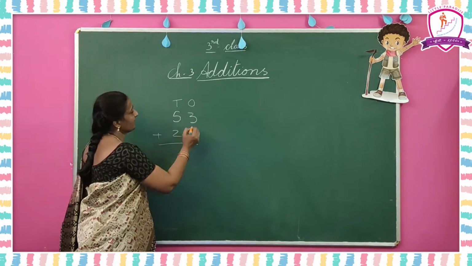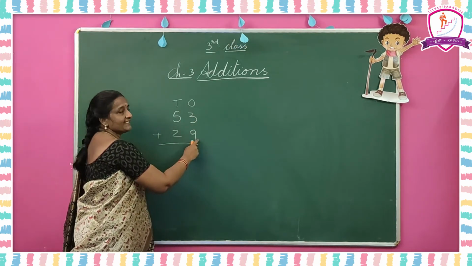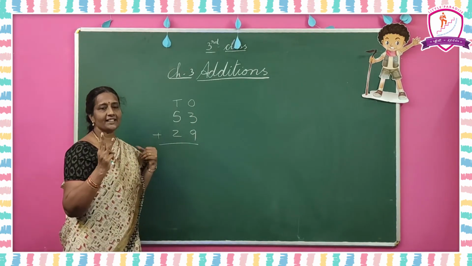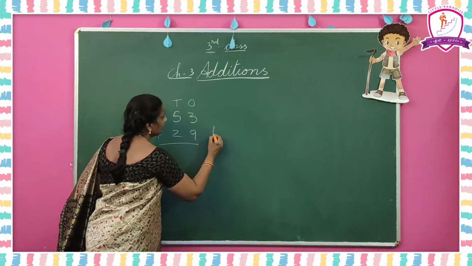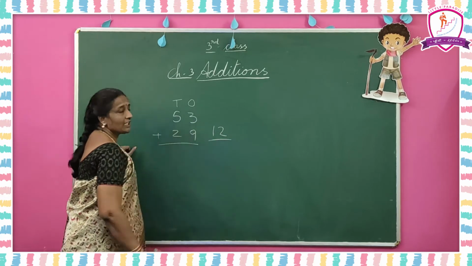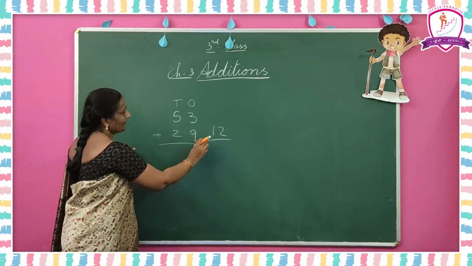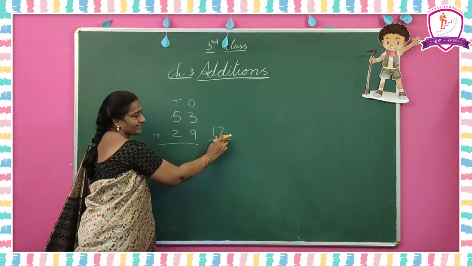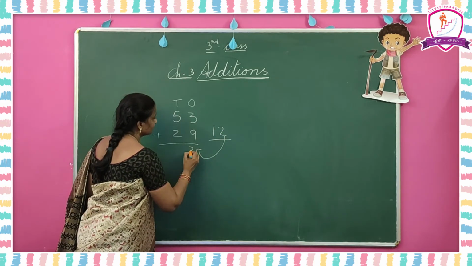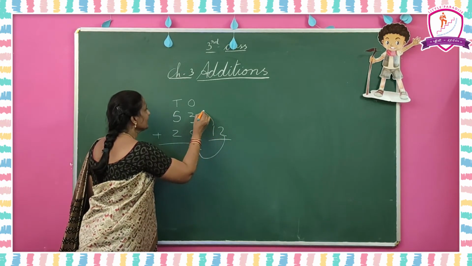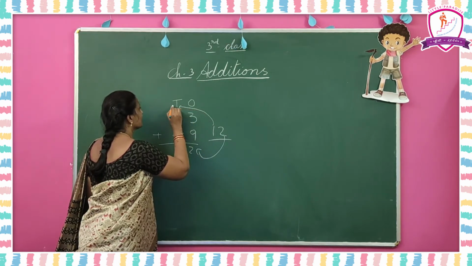Coming to addition, first add ones place. 3 plus 9. Take 3 fingers. 9 after 10, 11, 12. Write 12 here. In 12, how many tens are there? 1 ten and 2 ones. That's why write 2 in units place. And carry forward this 1 to tens place.